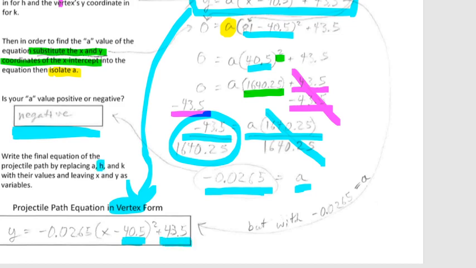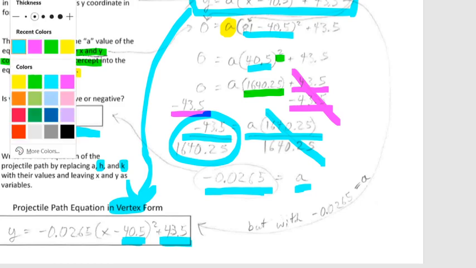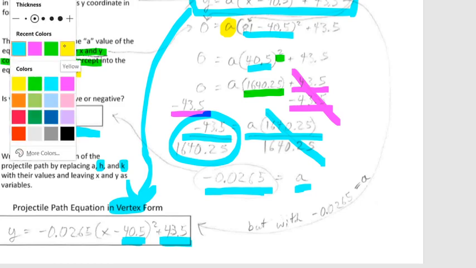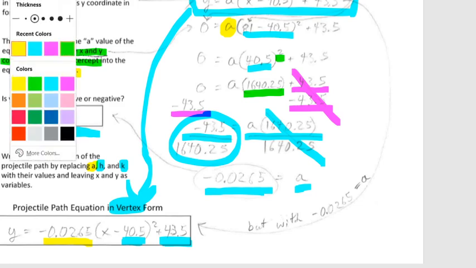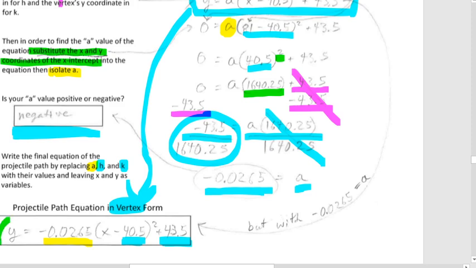We have the y-coordinate of our vertex, which is our k value. And then the one thing that we just figured out was that a value. In place of a, we're going to put the number that we just found, and we're going to keep our x's and y's as variables. And now we have it in vertex form.